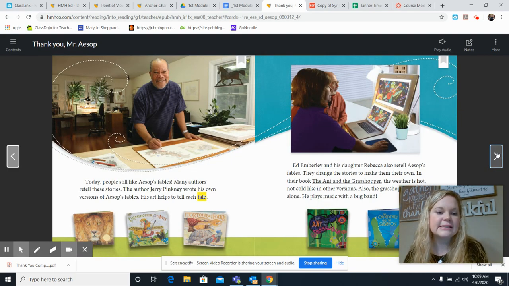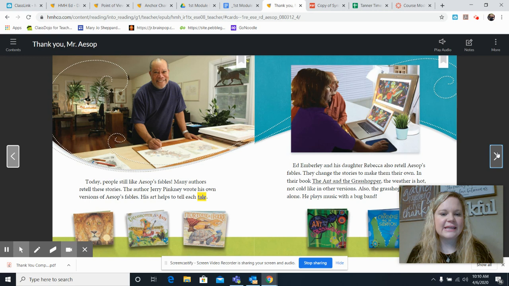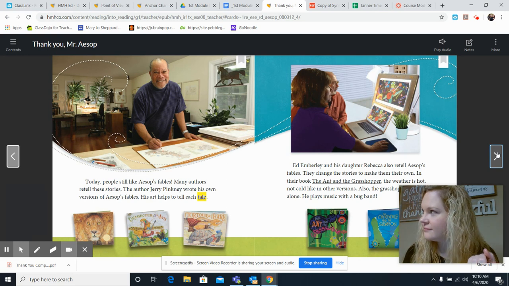Today, people still like Aesop's fables. Many authors retell these stories. The author, Jerry Pinkney, wrote his own versions of Aesop's fables. His art helps to tell each tale.